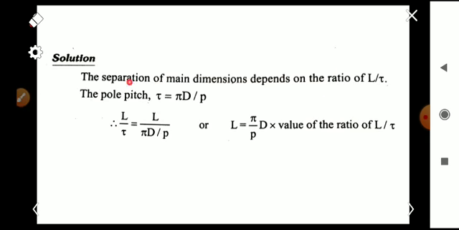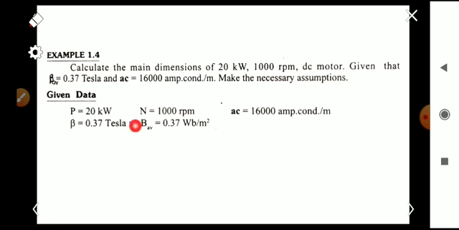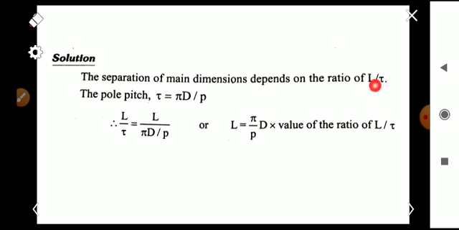And we know that the separation of the main dimensions, that is L and D, depends on the ratio of L by tau. But here in the question we don't have enough data to assume a value for L by tau. So normally in those conditions we will assume it as a square pole face machine.